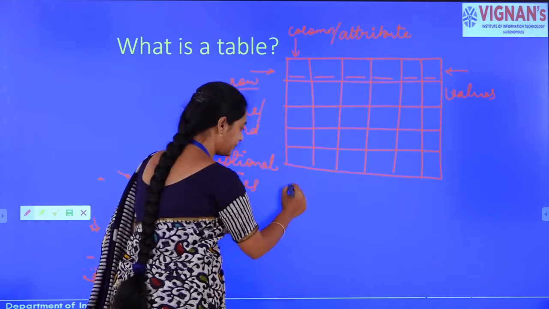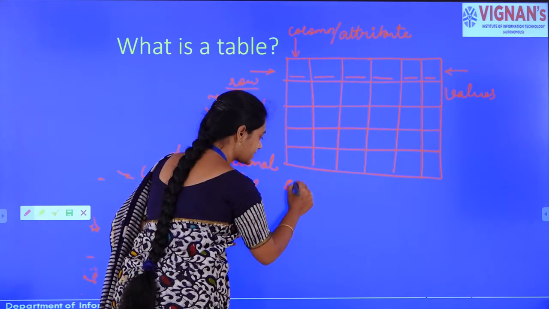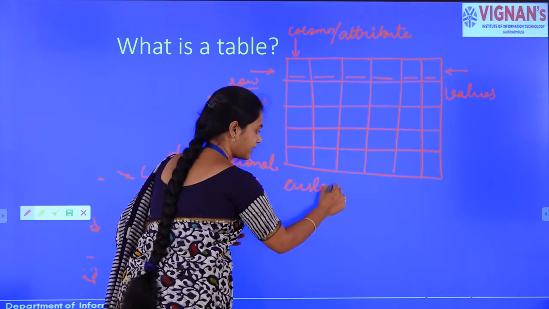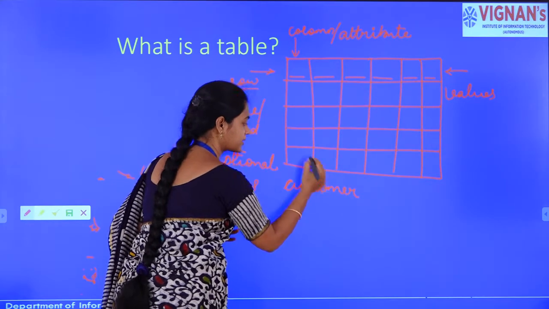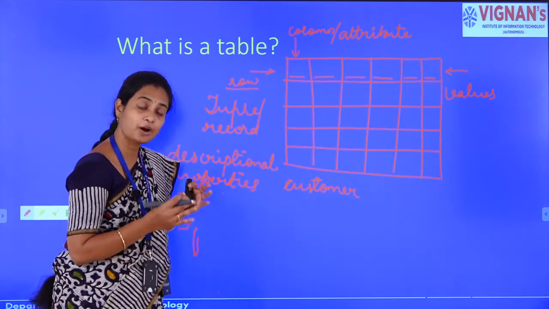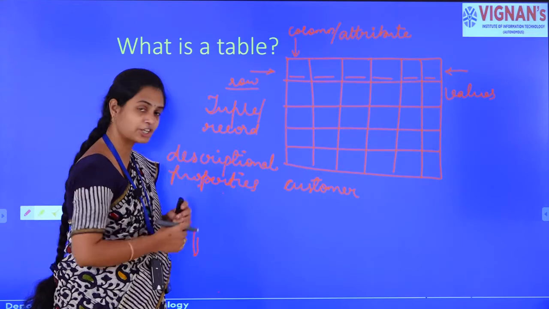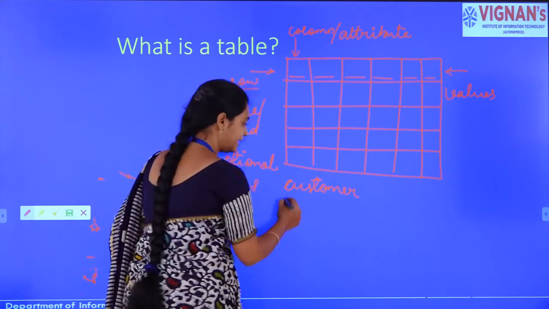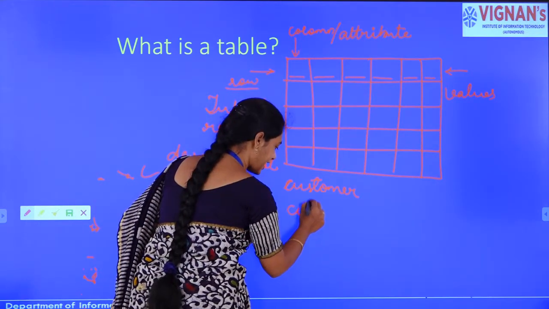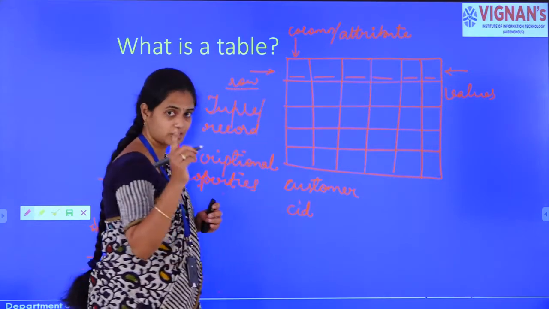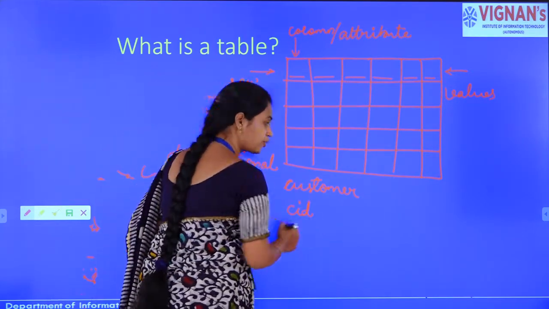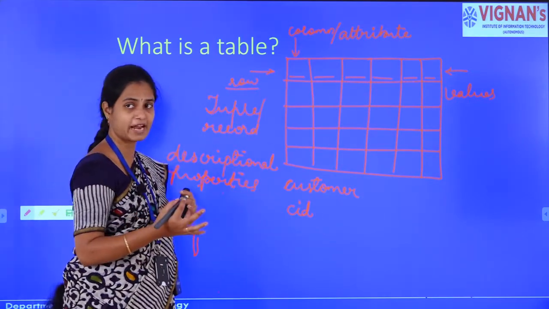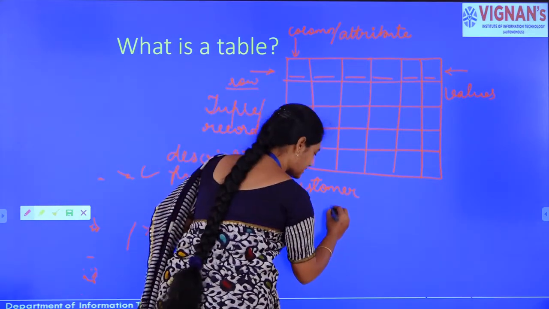Suppose, for example, I just want to maintain a customer table. So, what could be the probable attributes for the customer? I will take customer ID as one attribute, and customer name. What are the products he purchased?